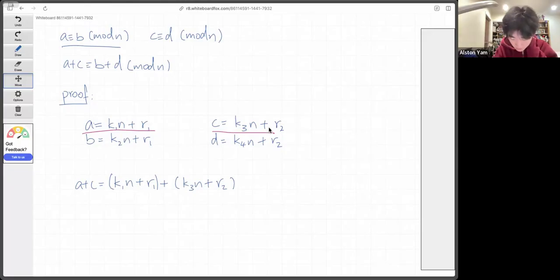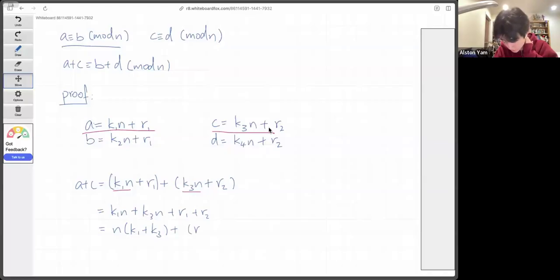We can take out the brackets and factor out the n, because the K1n and the K3n both have a factor of n. So K1n plus K3n plus R1 plus R2, and we can factor that as n times (K1 plus K3) plus the remainder, which is R1 plus R2.